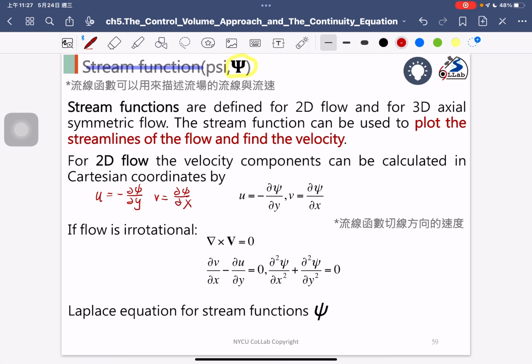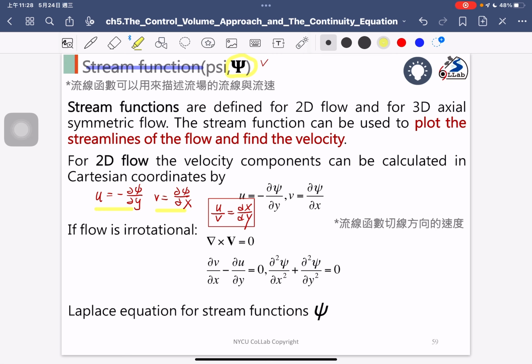As you remember, I told you the stream function can be calculated from the velocity gradient, the u divided by v equals the spatial gradient. We just follow this idea and we can find the streamline. But here I don't use this idea. I just define the psi function as a streamline function, and then the streamline function will satisfy the two equations here.